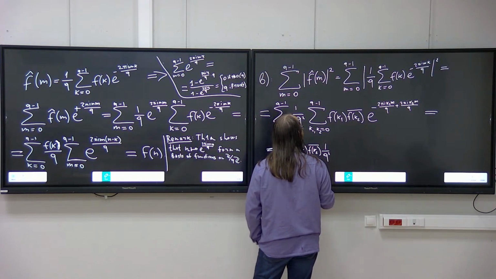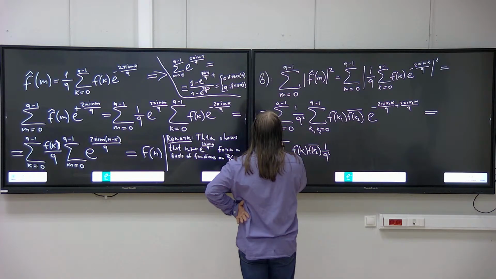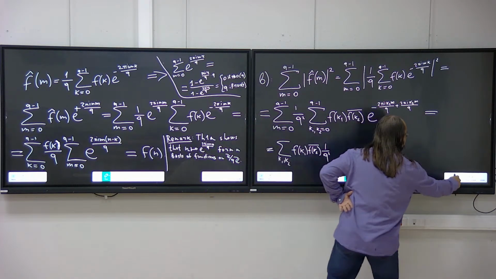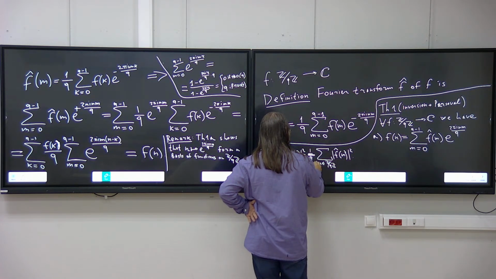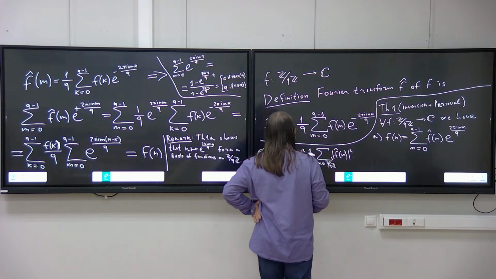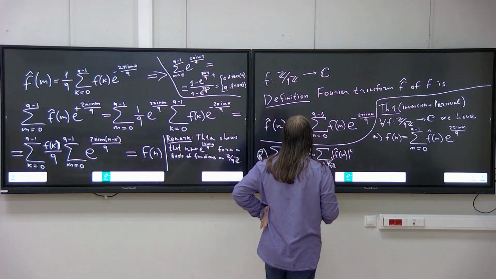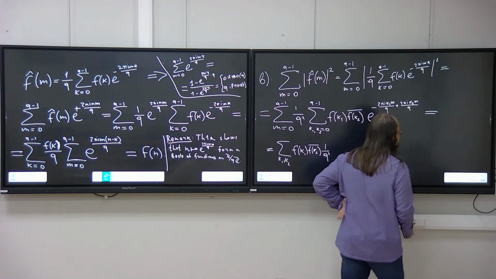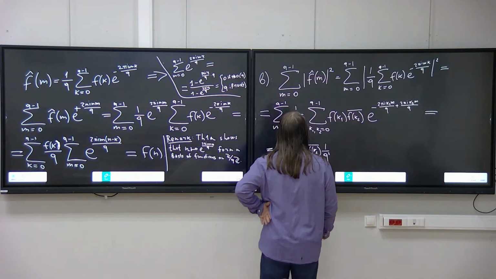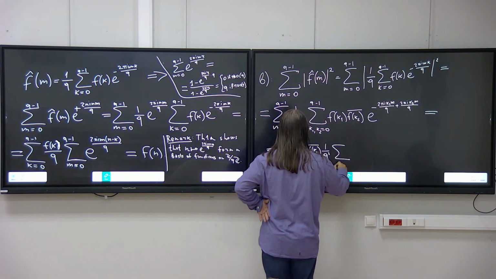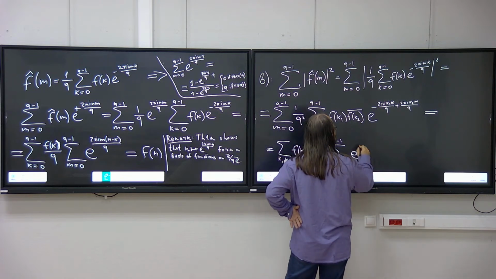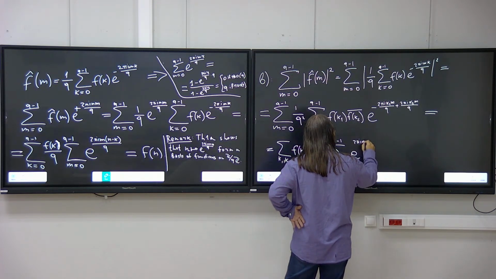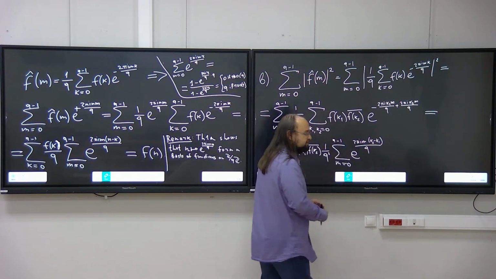then, I think I missed something here. So there should be 1 over q, of course. You should not forget the normalization factor. Okay, so here you get the sum over all m from 0 to q minus 1 of e to the power 2 pi i m (k2 minus k1) divided by q.